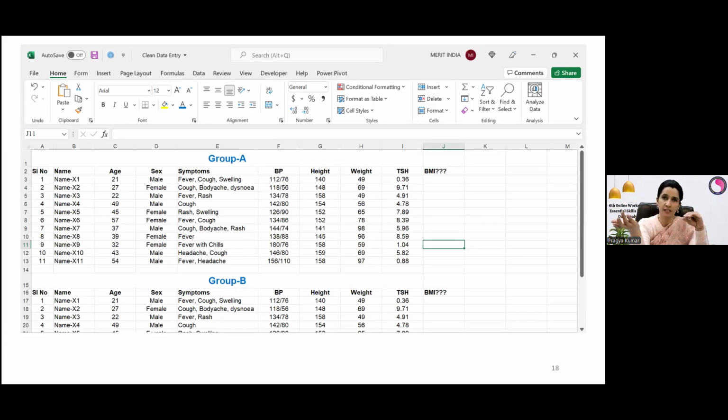So we have sent that student back saying that please bring these two data into one sheet. So what has he done? He has entered this group A here, that was already there. Group B, he has copy pasted just below this. So yes, what is the problem? Can we do the analysis now with this modified data sheet?